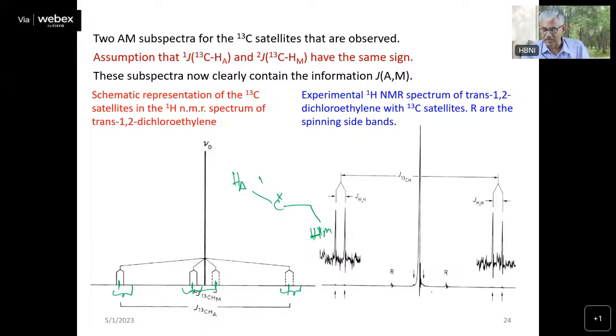And if you record a real spectrum, you can see these are due to the spinning side bands, and the M peaks are hidden here, whereas you can see the coupling constant of A and M. Okay, this is possible because the carbon-13 has separated the chemical shifts. So this is one way to do this.